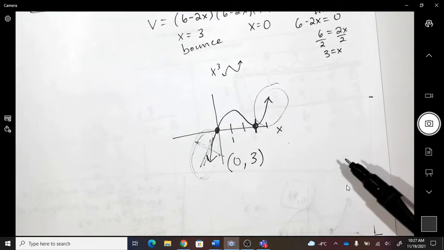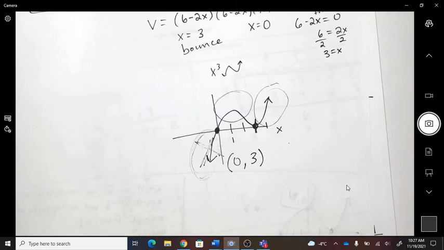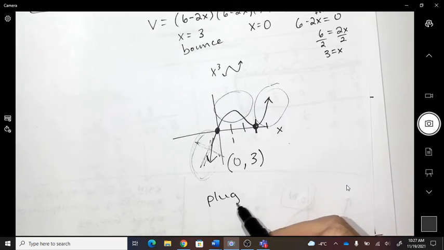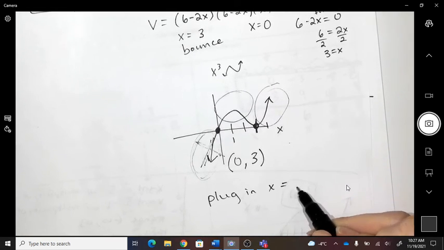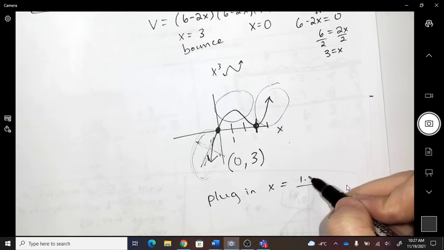Estimate the maximum volume. So the highest volume will have occurred in this zone. So plug in x equals, what do you want to use as a good x value to estimate in that zone? 1.5? Okay.